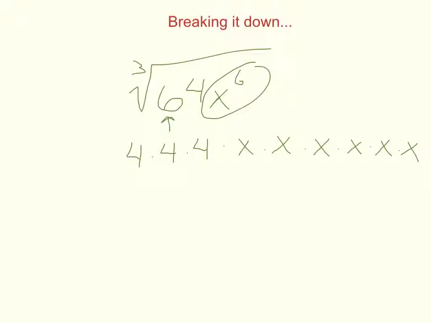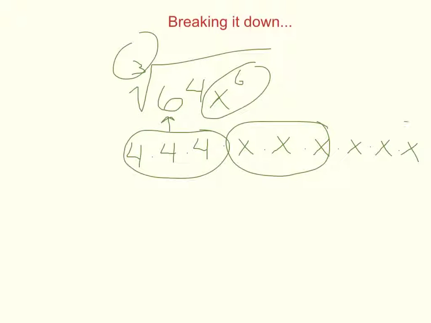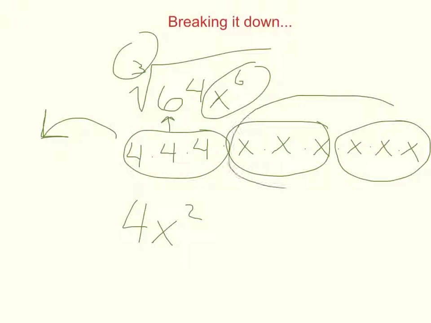Lots of x's. And so this is the cube root. So we're looking for groups of 3. So there are 3 4's and 6 x's. So that makes 2 groups of 3 for the x's. And so all of these get to come out of the radical. So our answer is 4x squared. And it's x squared because there are 2 groups of x's. And so 4x squared is our answer.